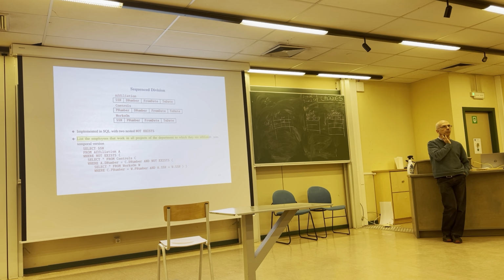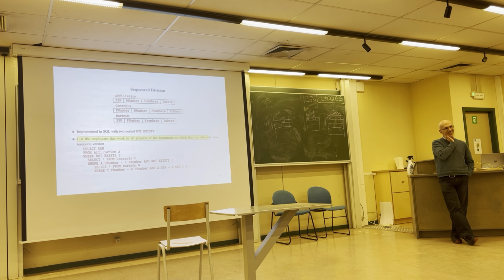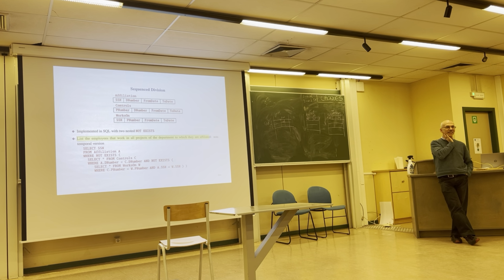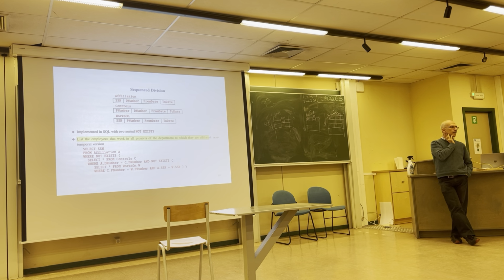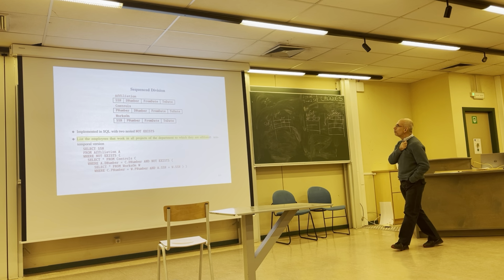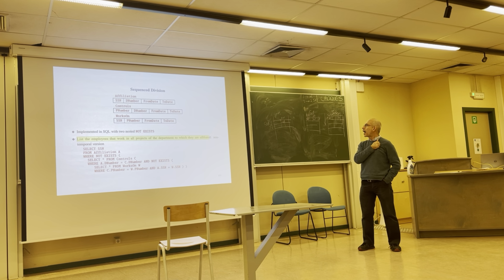Someone that elaborates Philip's proposal? There should be another not now. Yeah, there are two nots. Give me the opposite of an employee who has worked in, and then whatever Philip said. No, we should also do a not unaffiliated. So I will say, give me the employees for whom I cannot find a project of his or her department in which she or he does not work.